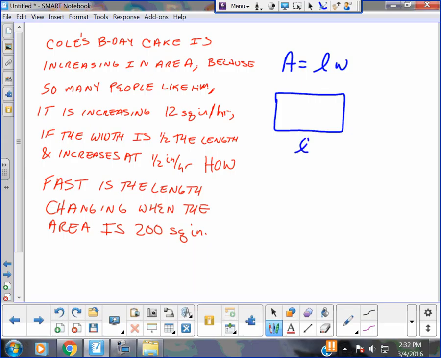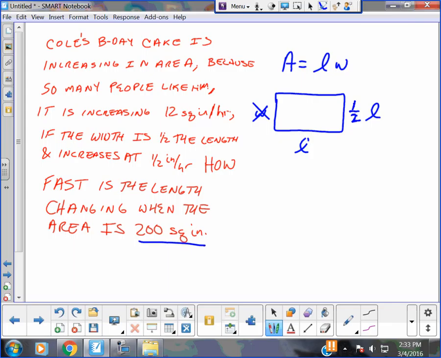And it says the width is equivalent to 1/2 the length. So here's where I think I am right away. I don't even think I want to deal with the width. I'm just going to drop it right away. But it says, how fast is the length changing when the cake is 200 square inches?